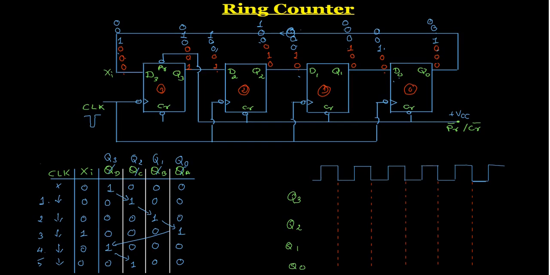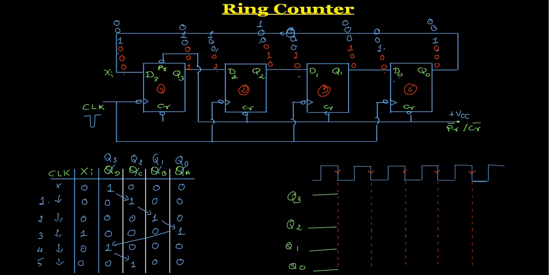So here Q3 is high and Q2, Q1 and Q0 are in the 0 position. For simplicity, first of all we will mark the negative edges of the clock pulses: the first negative edge, second, third, fourth, and the fifth negative edge.